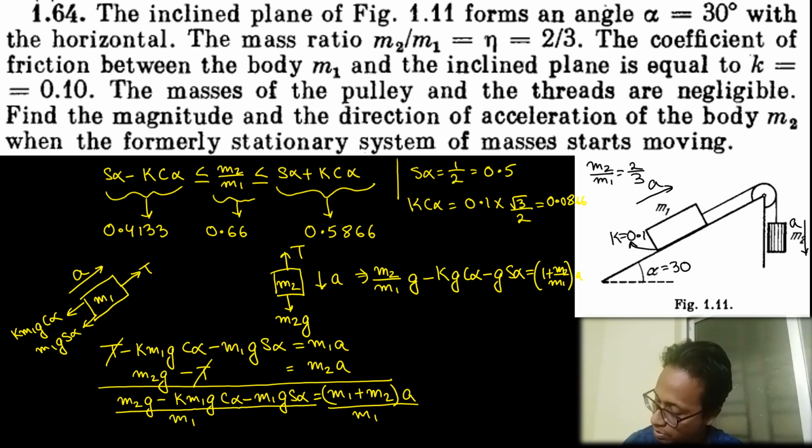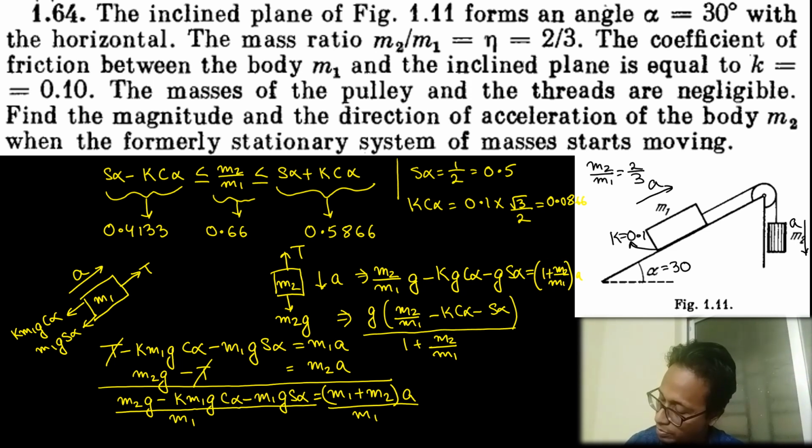Or acceleration would be, taking g common, g times m2 by m1 minus k cos alpha minus sin alpha, divided by 1 plus m2 by m1, is equal to a.